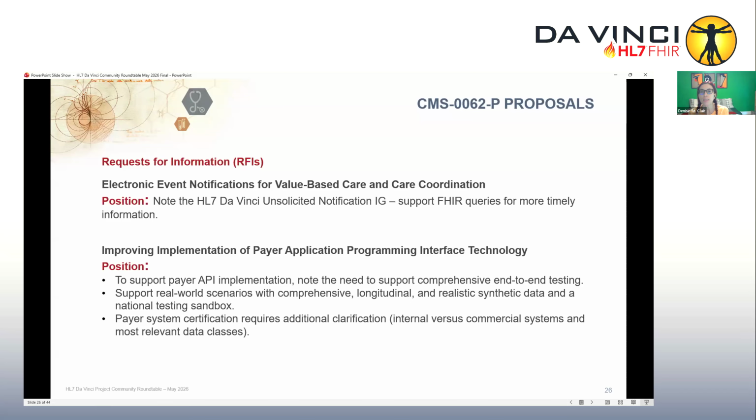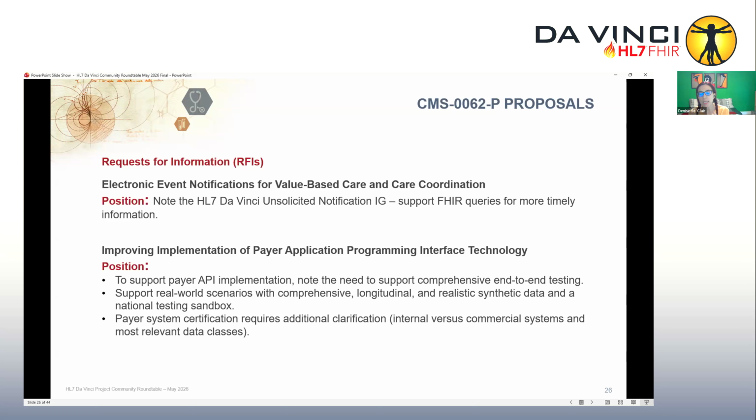So the thought process was, if you consider the Da Vinci unsolicited notification IG, perhaps there could be a situation where you're able to, in a targeted way, query for and/or get subscriptions for a patient on the very specific pieces of information necessary at those key moments of transition within care and care coordination. So the community is suggesting an evaluation of that IG.